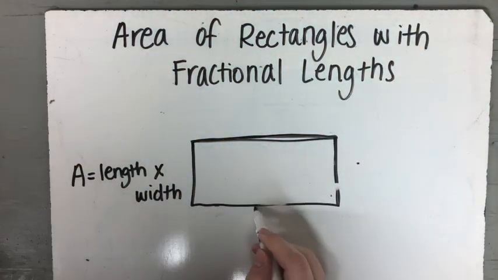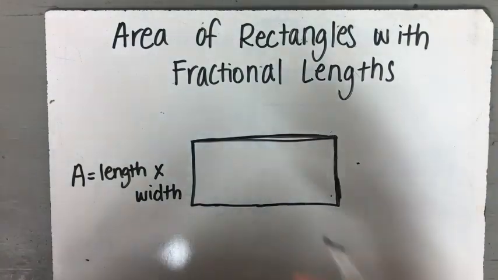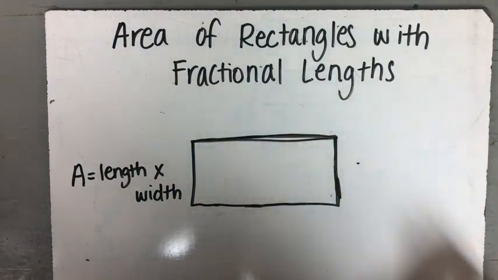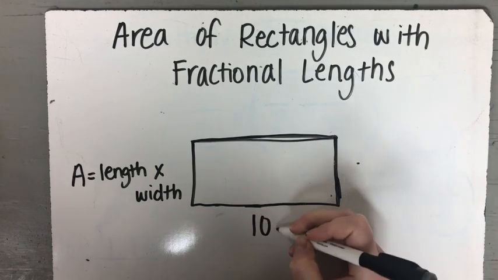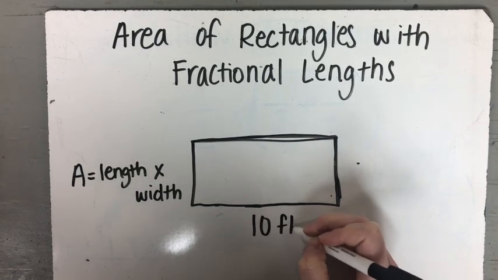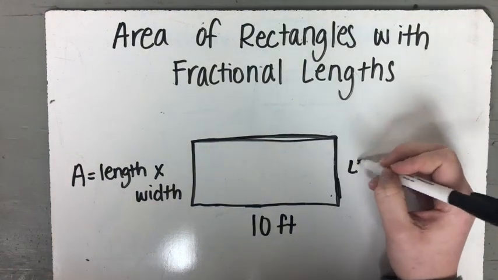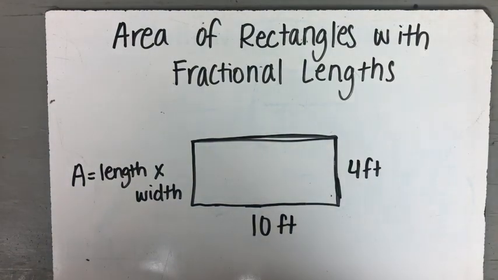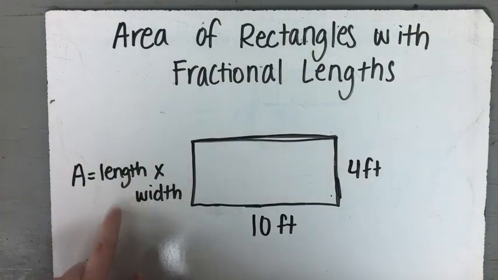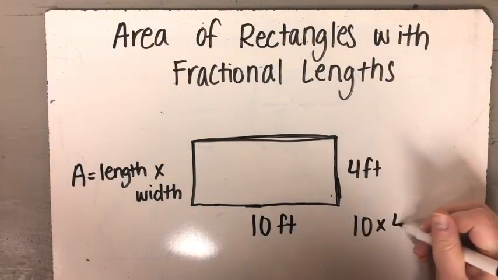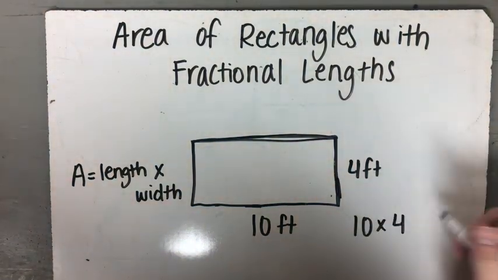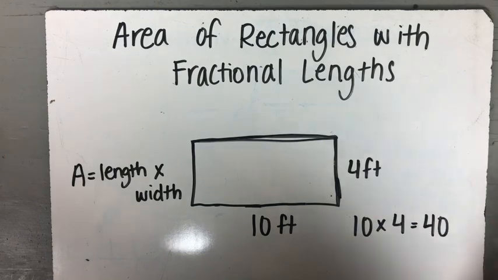Okay, let's use the same rectangle, but let's change the size of the dimensions. So let's say this length is 10 feet, and this is 4 feet. Okay, so you follow the same process. You always look back to that area, which is length times width. So you're going to do 10 times 4, your length times your width, and you get 40.